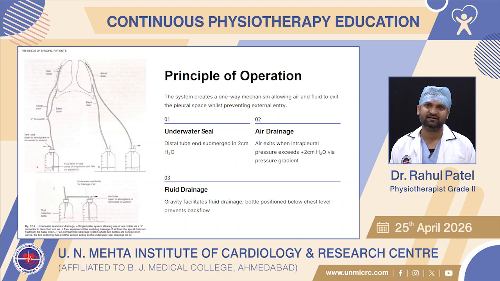First, underwater seal: distal tube submerged in 2 cm H2O. Second, air drainage: air exits when intrapleural pressure exceeds plus 2 cm H2O via pressure gradient. Third, fluid drainage: gravity facilitates fluid drainage. Water position below the chest level prevents backflow.